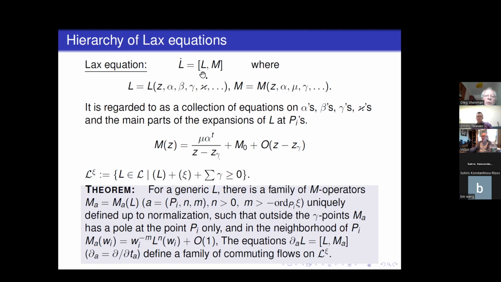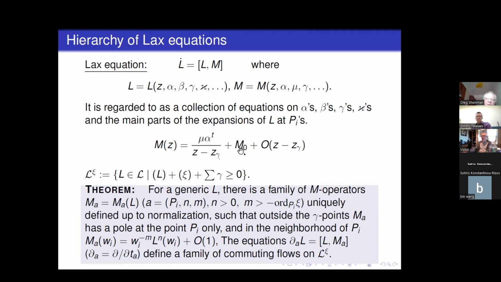L dot is equal to the commutator [L, M], where L is as above, and M is defined similarly, with the difference that there is no restriction on the numerator of the degree -1 term, and no relation between mu and m_0.